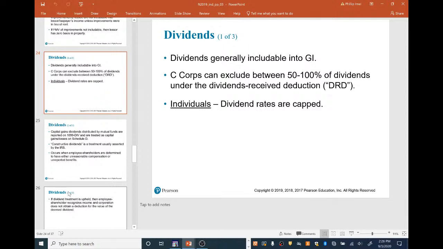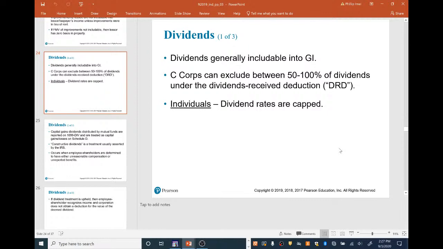Qualified dividends are subject to the special tax rates of 0, 15, and 20% under the same rules as net long-term capital gains. Once again, C corporations receiving dividends from other domestic C corporations may claim a dividends received deduction based on how much of the distributing corporation the recipient actually owns. As you can see here, it's going to fall between 50 and 100%.